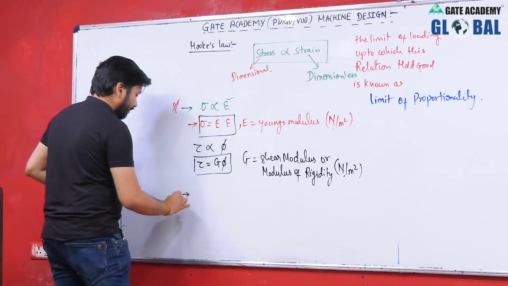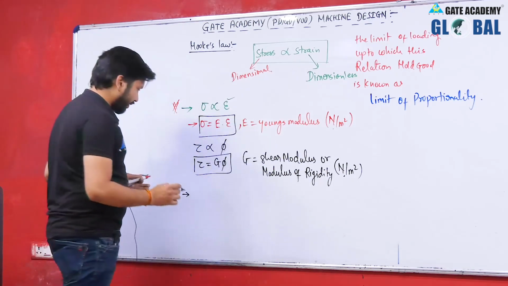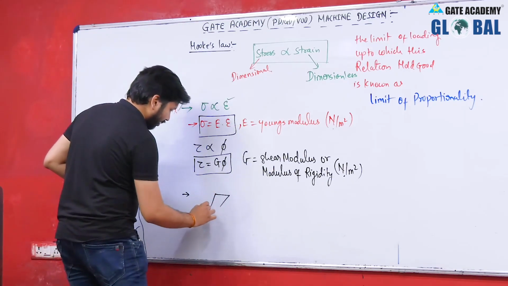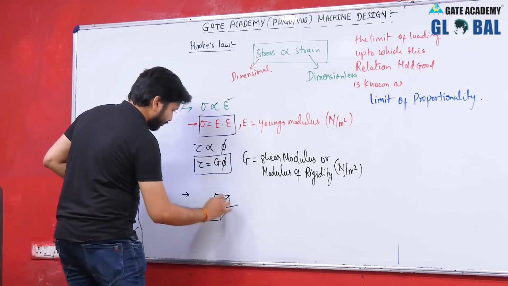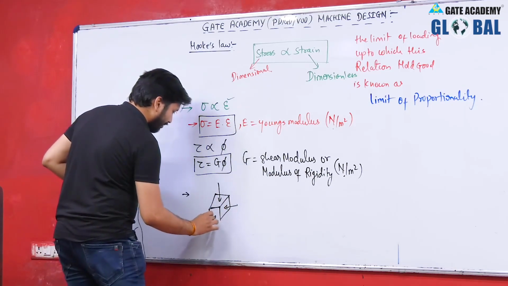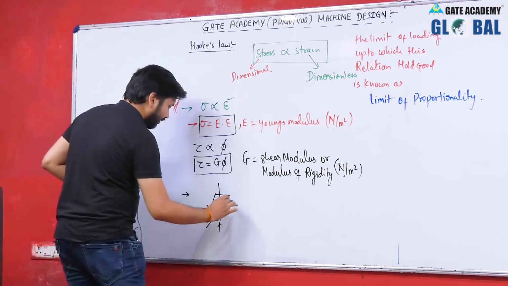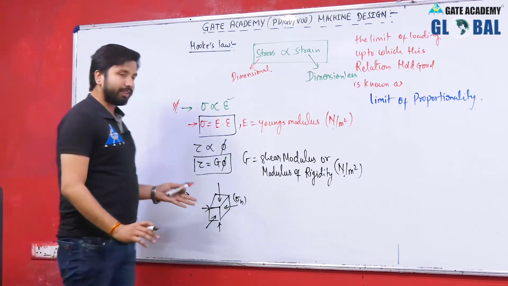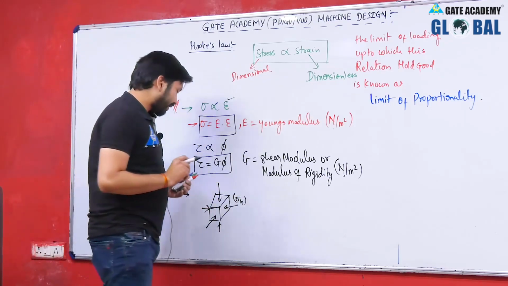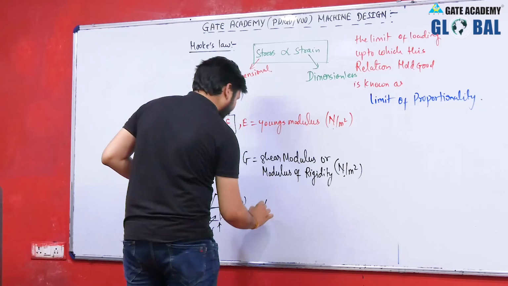Now, let us consider a different situation where an element is subjected to stresses from all the dimensions, and the stress is a normal stress. Then you will observe that there is a change in volume.